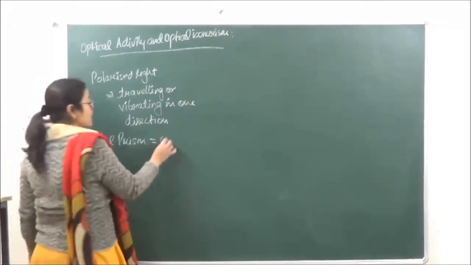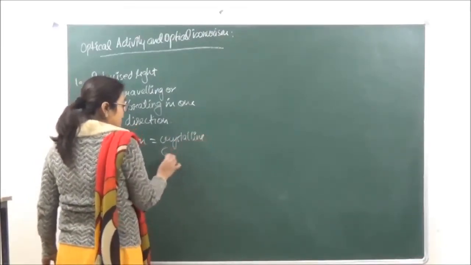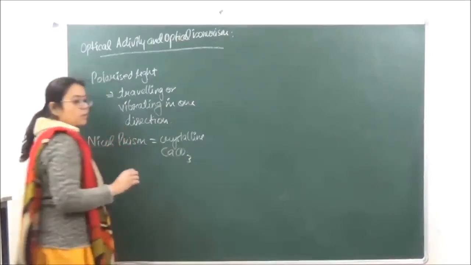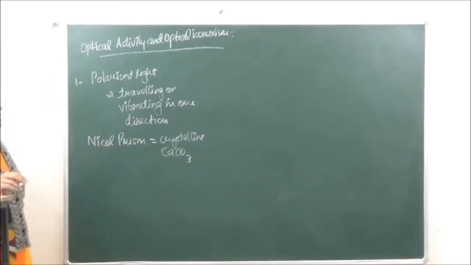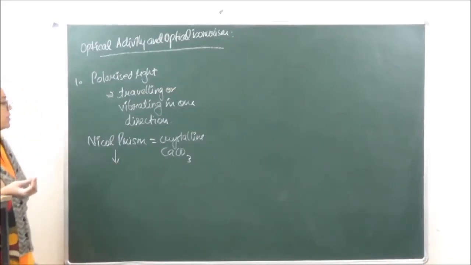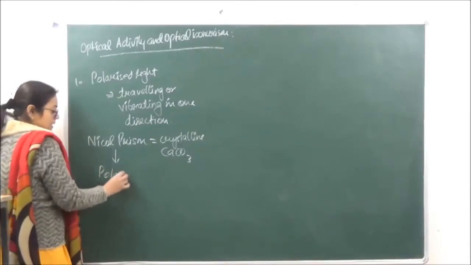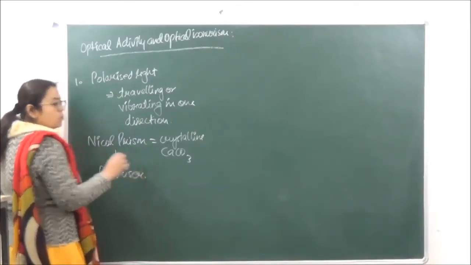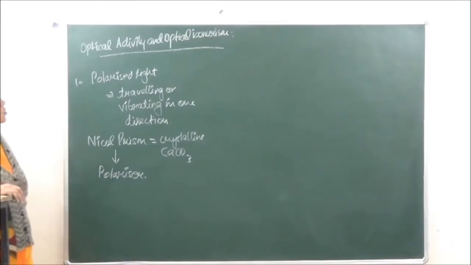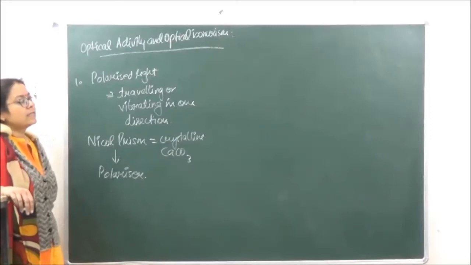That is a prism of crystalline calcium carbonate. So when we pass it through this, it is going to be converted into polarized light. Now this Nicol prism, because it is converting any ordinary source of light into a polarized light, we give this a name. Let's say that this is known as a polarizer. So polarizer is the instrument which is going to convert any source of light into polarized light.